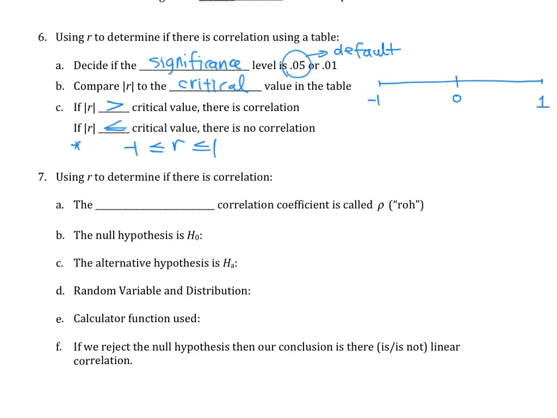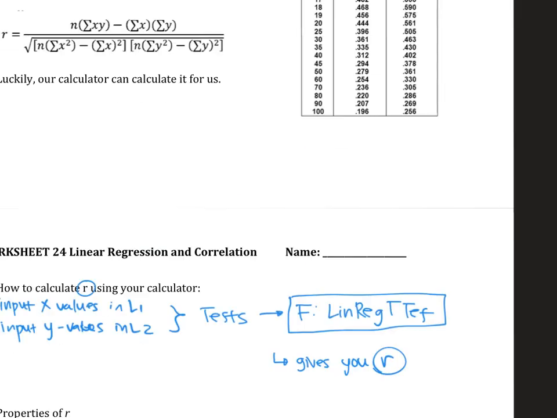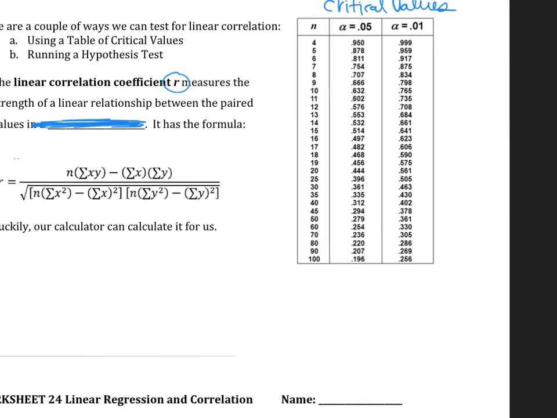So critical value. Again, critical values depend on your sample size, 4 through 100, and your alpha, most likely 0.05. So 0.95, 0.666, whatever. These are all different critical values.